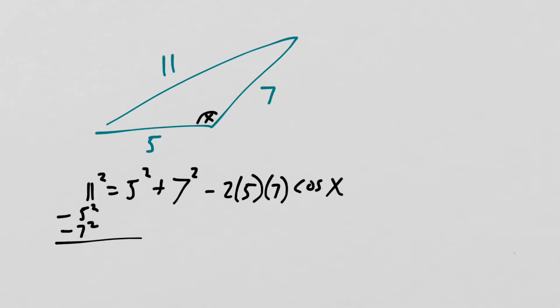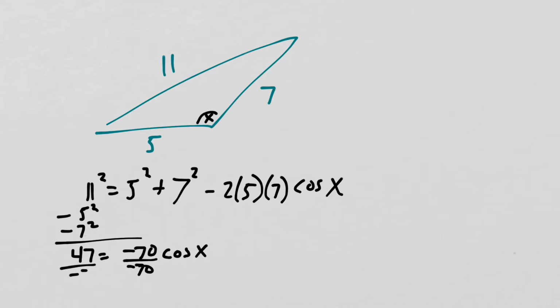So that's what I'm going to do. I'm going to do 11 squared minus 5 squared minus 7 squared, which gives me an answer of 47, equals negative 70 cosine of x, because 7 times 5 is 35 times 2 is 70.